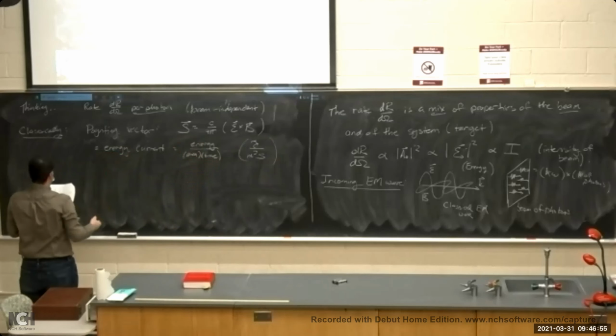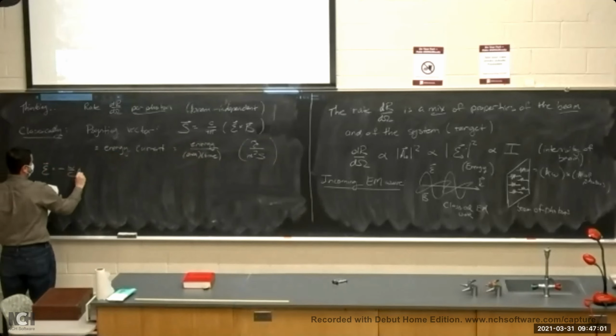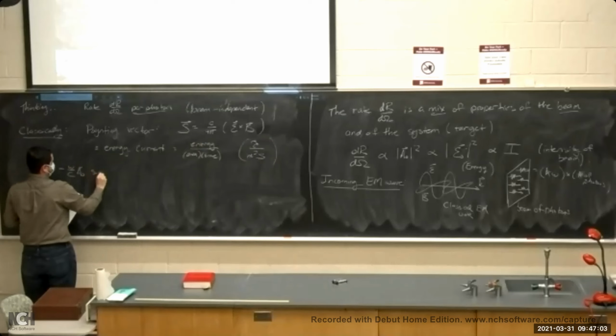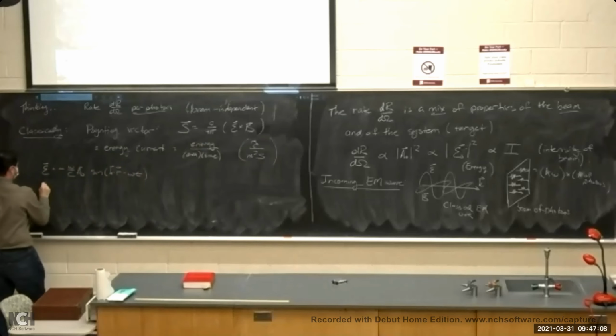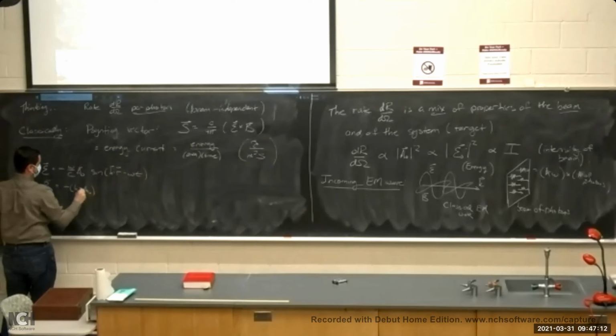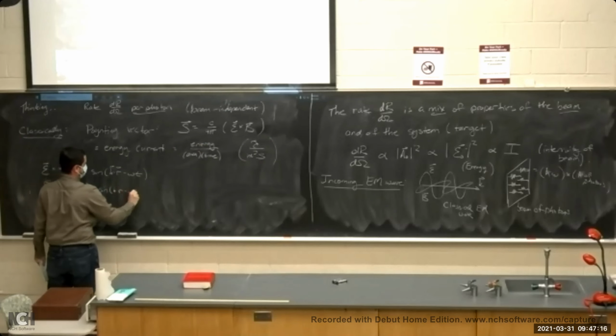So let's evaluate that. For our particular plane wave, we had E was minus omega over c A naught sine(k dot r minus omega t). We had B was minus k cross A naught, also sine(k dot r minus omega t).